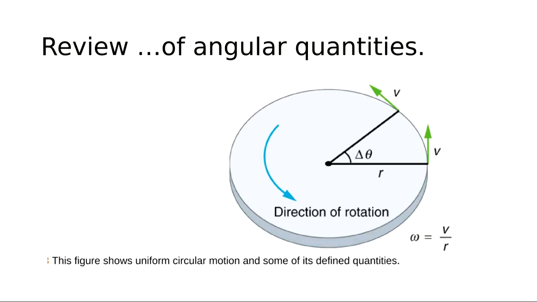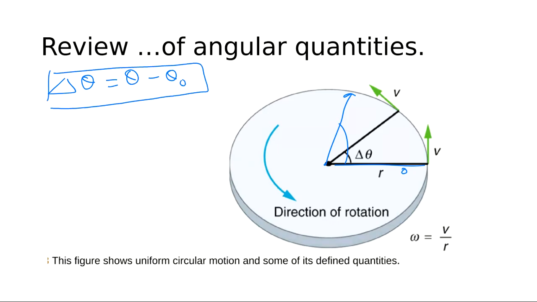If you remember what we discussed in chapter 8, part 1, angular displacement is how much the angle is getting displaced. If this represents theta 0, and it moves a little bit, and over here I have another angle, the change from the initial angle to the final angle becomes your angular displacement.